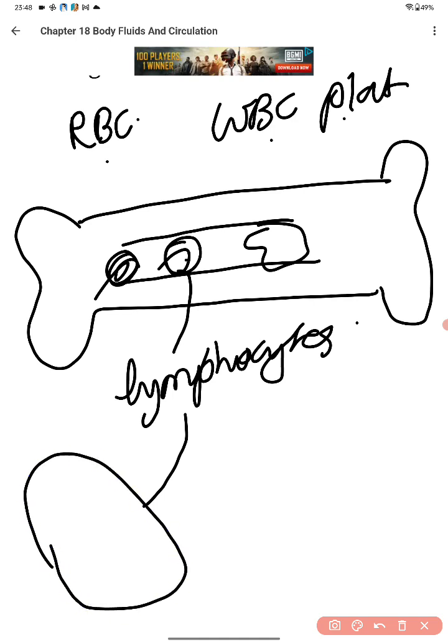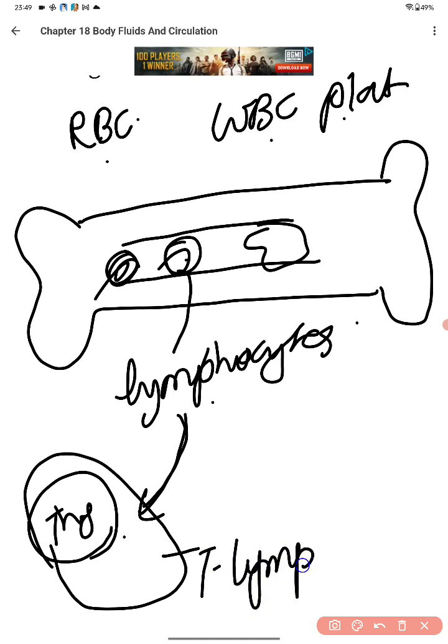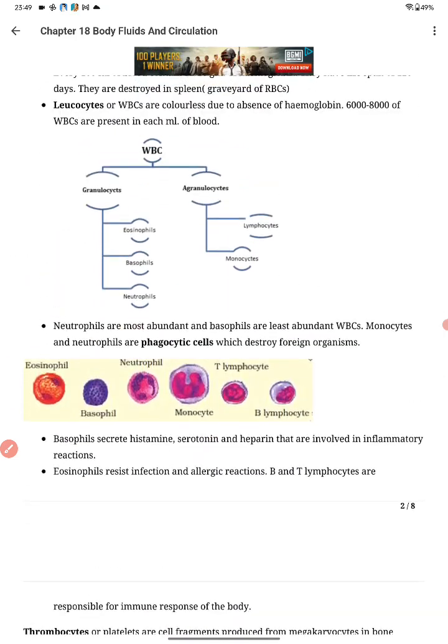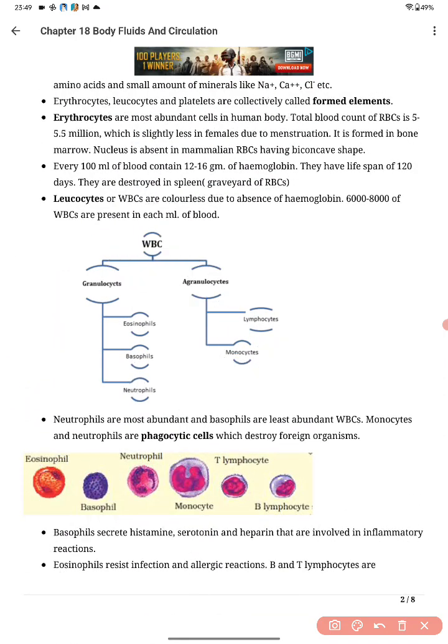The thymus is a gland in your chest, in your thorax. Some of the lymphocytes go to the thymus and mature there, so they are called T lymphocytes. Okay, so this is the story. Did you understand now what are granulocytes and what are agranulocytes?